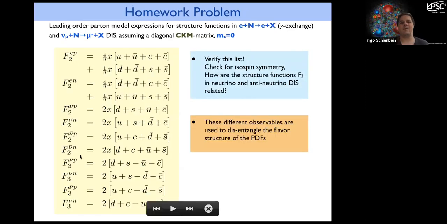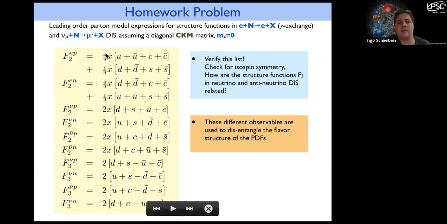So, homework problem number 1. The leading order Parton model expressions for the structure functions in electron proton scattering with photon exchange, and in neutrino proton scattering, assuming a diagonal CKM matrix and a 0 charm mass, are given here in the yellow box. And you can quite easily verify this list.